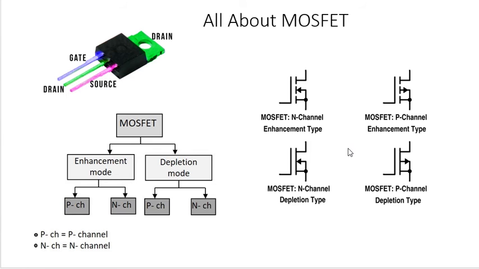So now you can easily tell that this is a depletion kind of MOSFET and the arrow is going out. It means positive. So it is a P channel enhancement MOSFET.